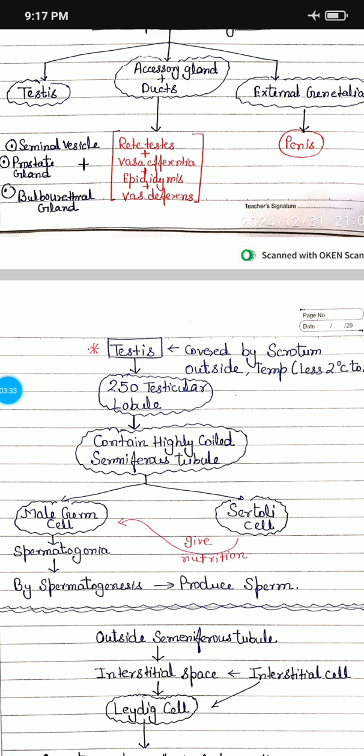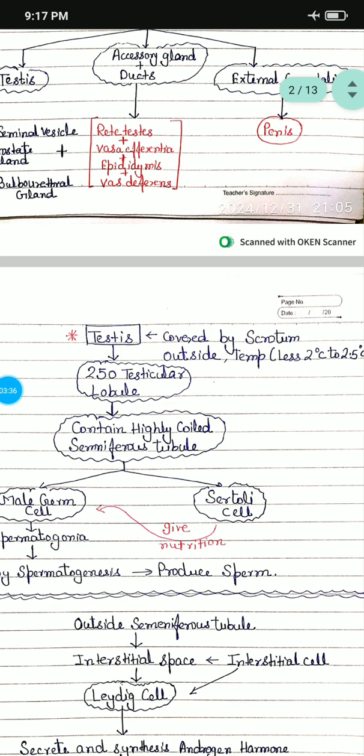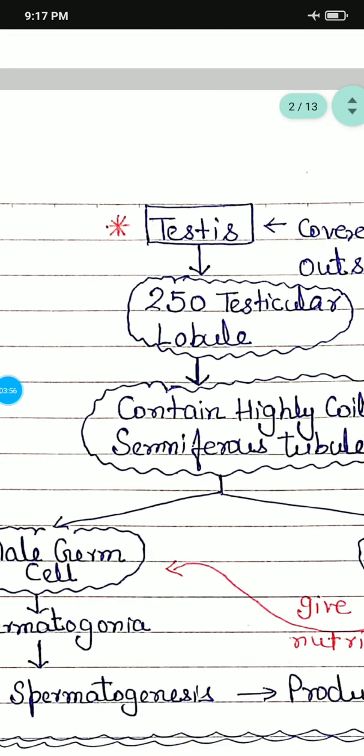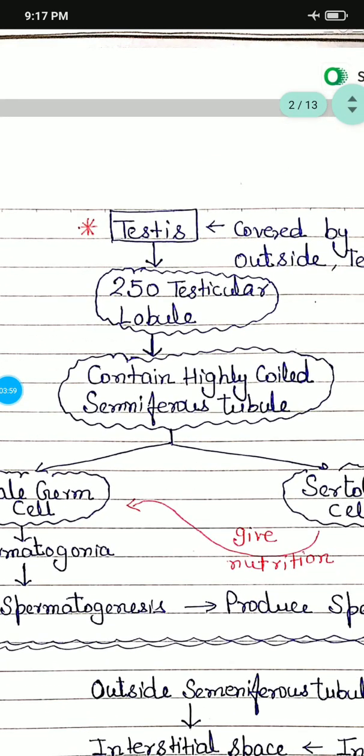The scrotum's temperature is 2 to 2.5 degrees Celsius less than the body temperature, because sperm become active at a temperature below body temperature. The testis consists of 250 compartments per testis, and these compartments are called the testicular lobules, which contain highly coiled seminiferous tubules.